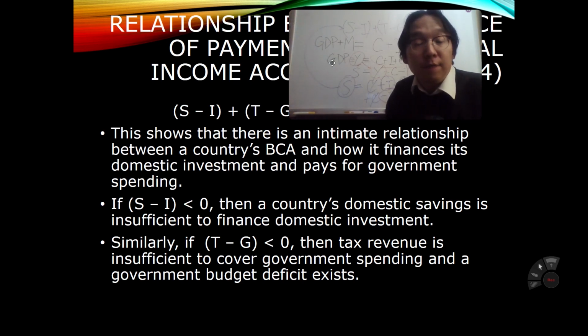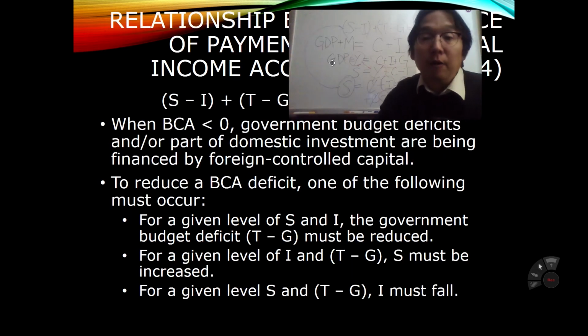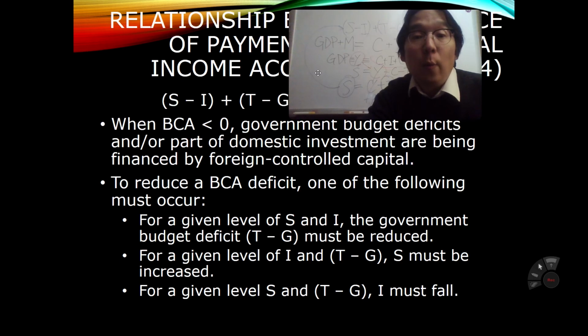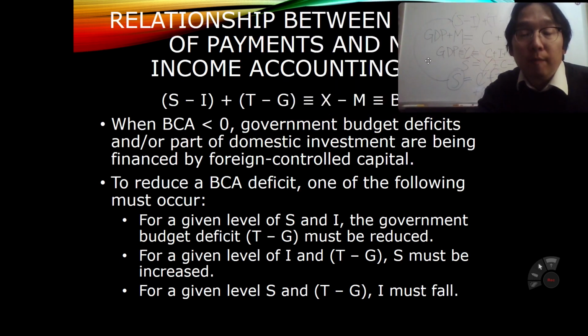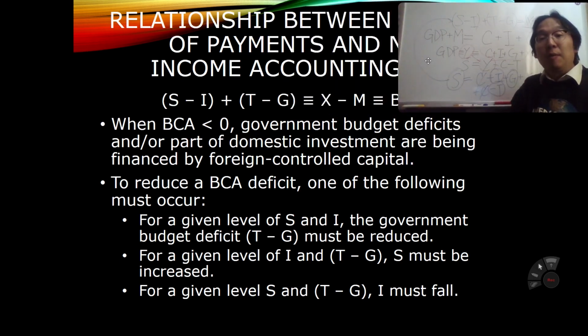Similarly, if tax revenue is smaller than the government spending, then the tax revenue is insufficient to cover those government spending, and the government budget deficit exists, right? So all these things add to the current account deficit. When current account is in deficit, government budget deficit, and part of domestic investments are being financed by foreign controlled capital. So that's one thing you have to notice.